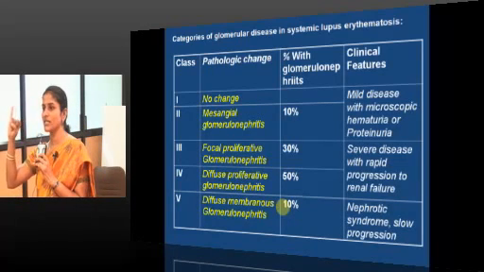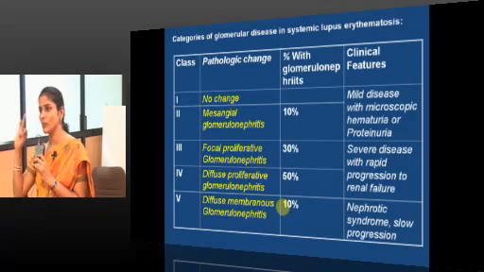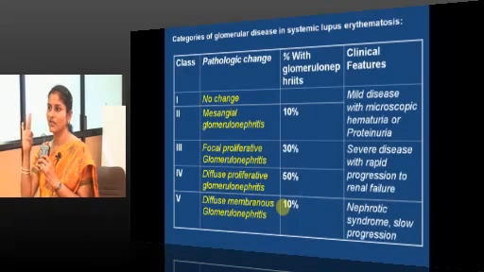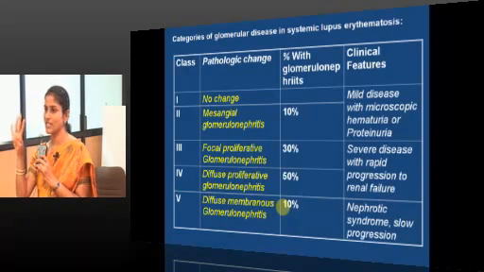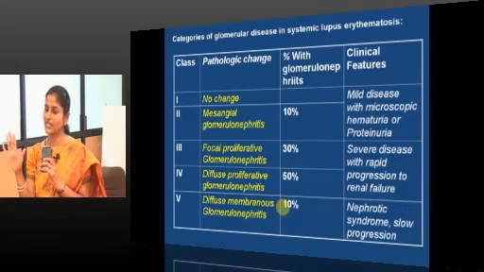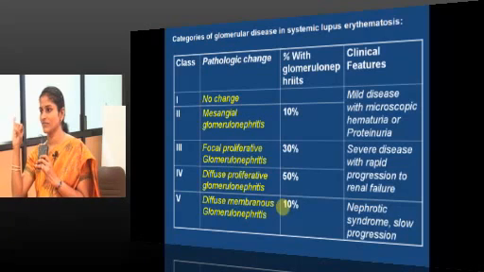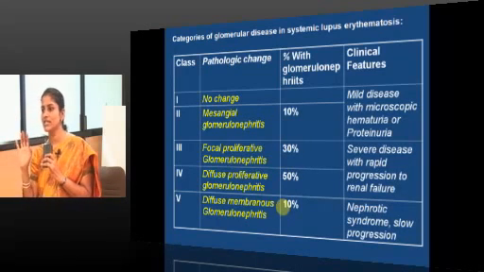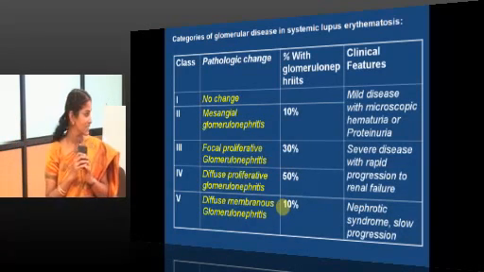So, class 1 is minimal, class 2 mesangial, class 3 focal proliferative, class 4 diffuse proliferative, class 5 diffuse membranous, class 6 sclerotic. We have totally 6 classes of lupus nephritis.